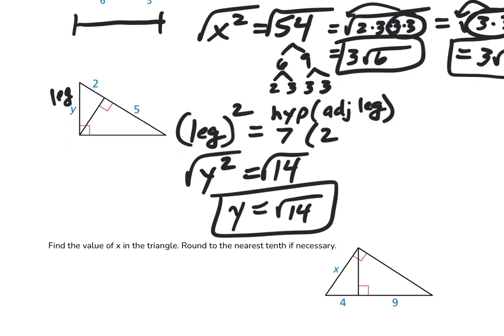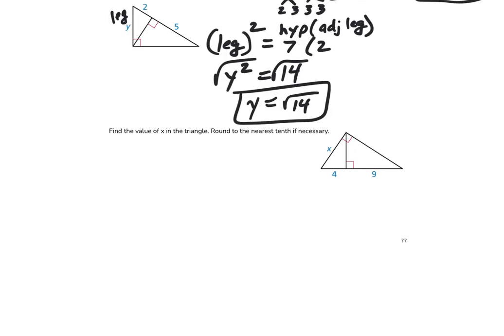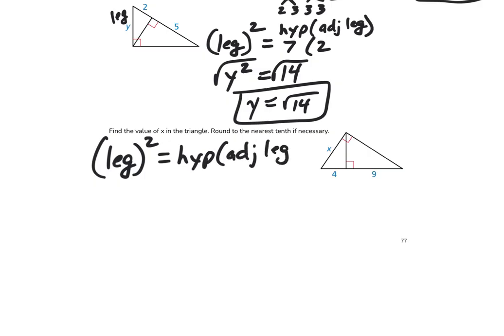All right, so let's use this new rule right here. Leg squared equals hypotenuse times the adjacent leg. Okay, the leg that we're trying to find here is x, right? So x squared.